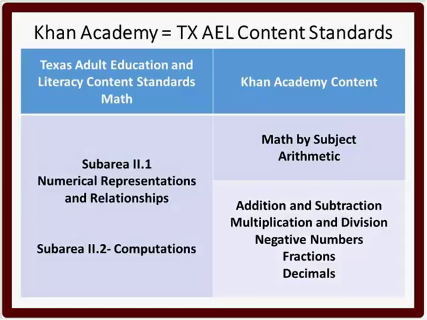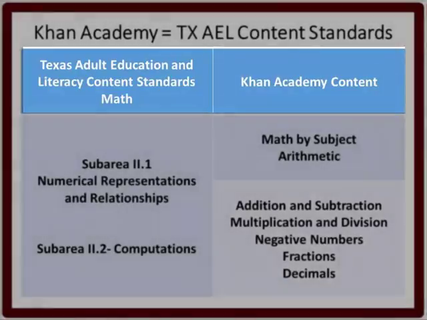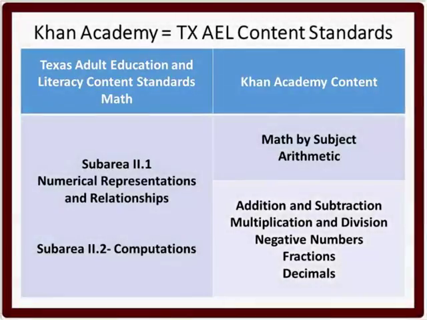The first example: you see on the left-hand side of your screen the Texas Adult Education Content Standards for Math, and on the right you have your Khan Academy content. The one for math is under sub-area 2.1, numerical representations and relationships. Part A, a student will need to recognize numbers in counting and develop an understanding of place value.